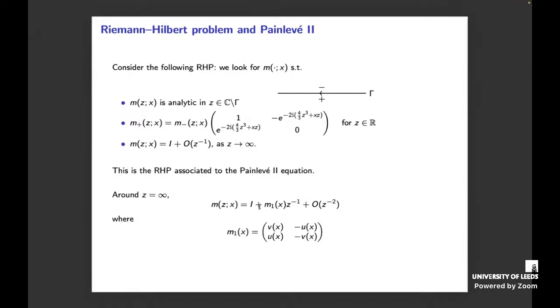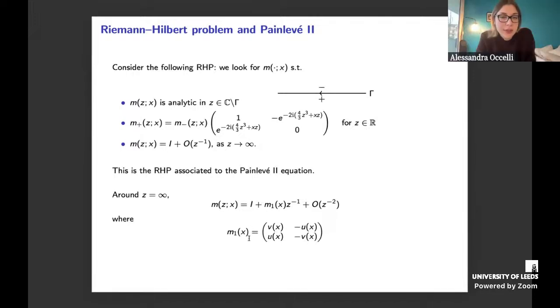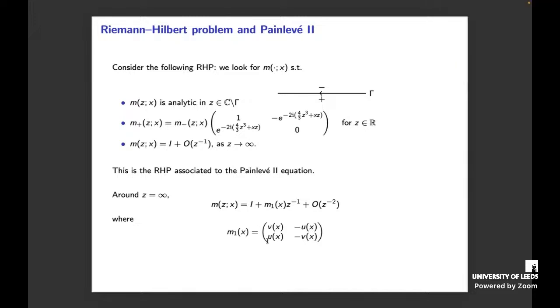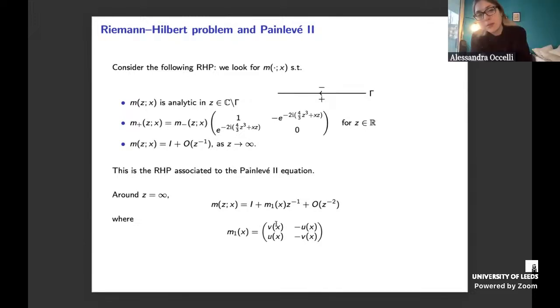You take the expansion of the solution. I'm just stating that the term of the first order, the first order correction of the expansion, can be expressed in terms of v and u.